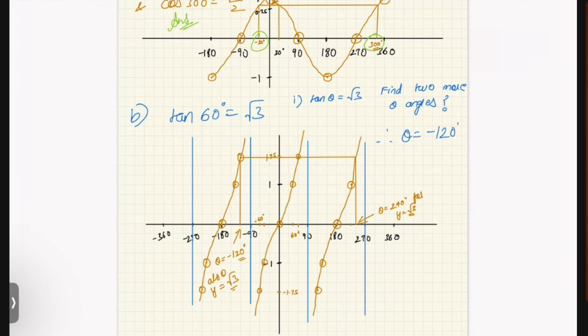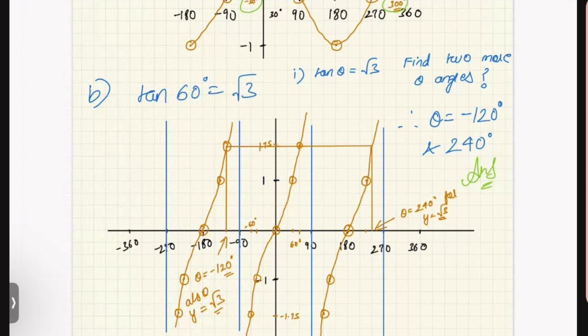Minus 120 degrees and 240 degrees. Check the answer, should be same. Yeah, it's the same. Okay, minus 120 and 240. Any doubts? No. Okay, now there is another question in this, 4B.